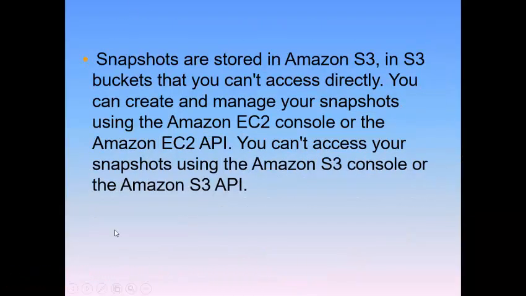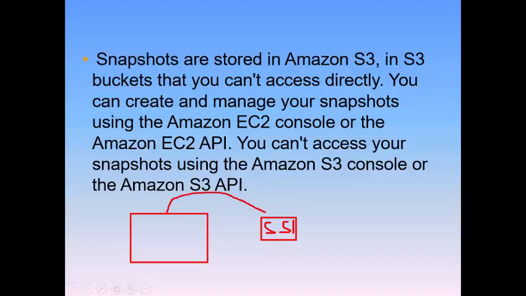So when it takes the snapshot of your volume, when it takes snapshot 1, it will save it in an S3 bucket. It will take the backup in an S3 bucket. But you know nothing about where Amazon is saving it. You cannot directly access that particular S3.